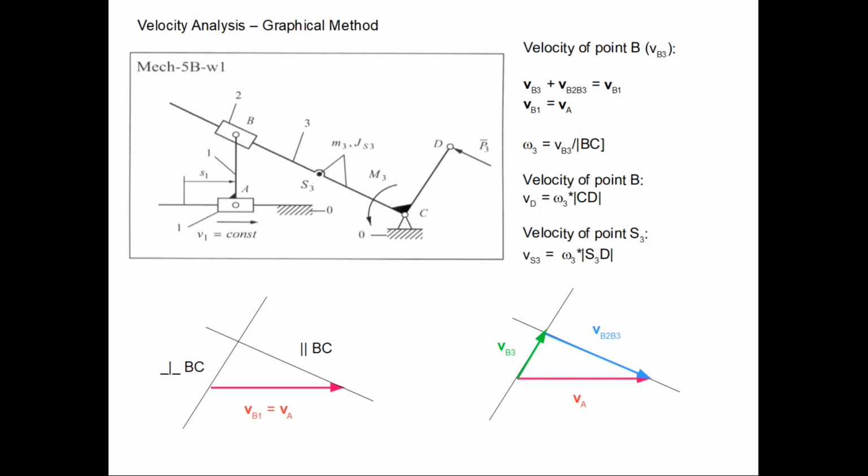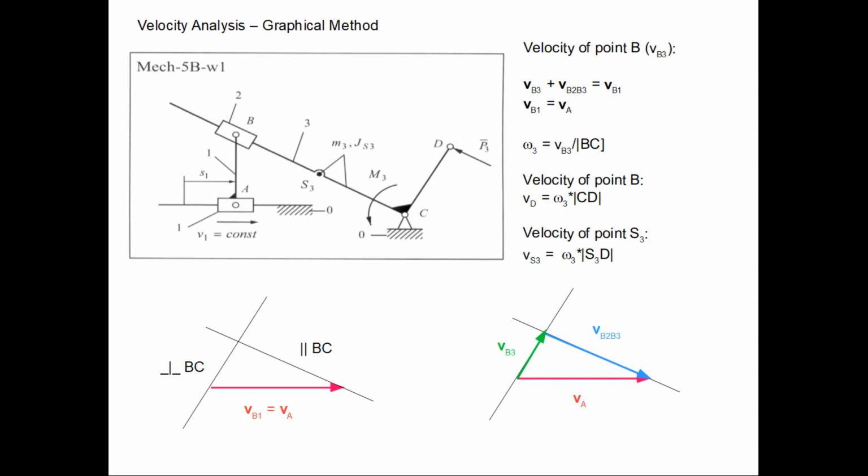So we can draw the directions of VB3 perpendicular to BC, and VB2B3, which is parallel to BC, and after that we have to find the point of intersection of these two directions. And having the point of intersection, we can proceed with drawing the entire vector polygon.